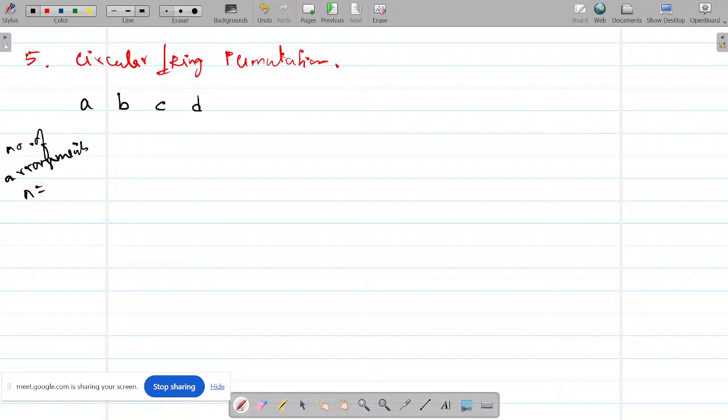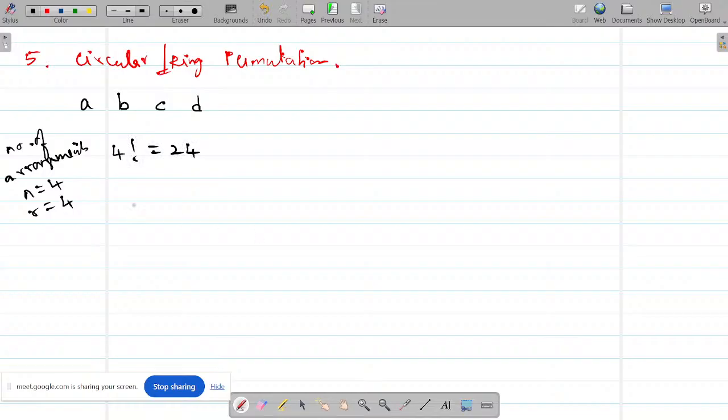Always fix your n and fix your r, and remember that r is less than or equal to n. Here n is 4, and since I'm not giving any restrictions, r is also 4. So this is 4 factorial, 24 different ways. So no doubt in this.